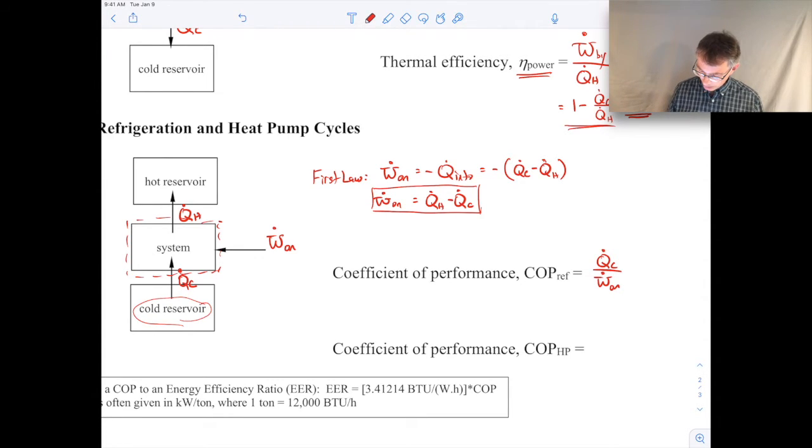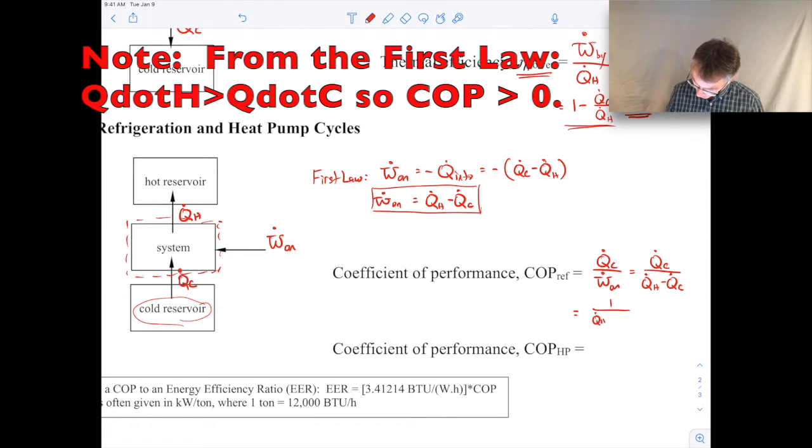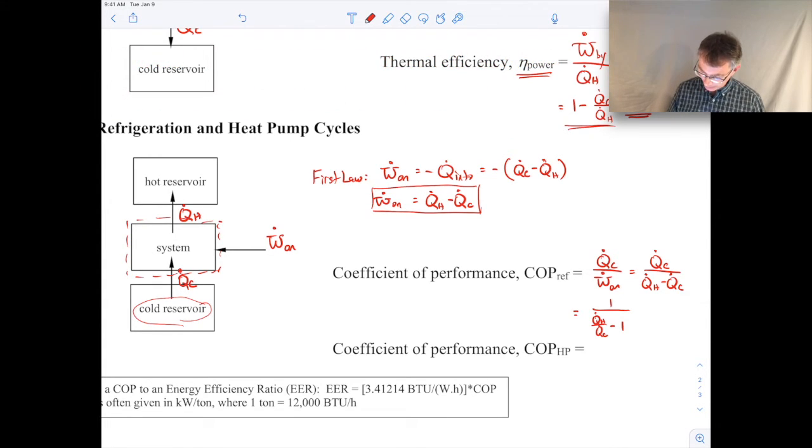And we could, of course, make use of our first law expression here, expand that out. So we could write it like this, or divide through by the Q dot C, Q dot H all over Q dot C minus 1. So we could make it look like that, for example. That's just another way to write out the coefficient of performance.